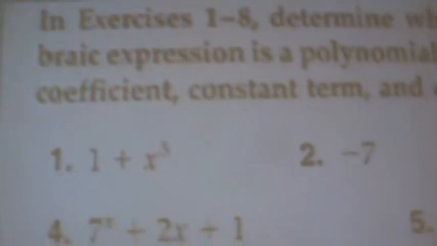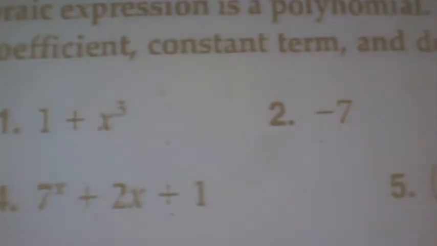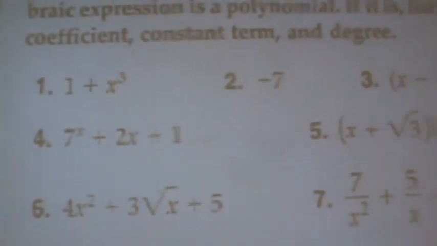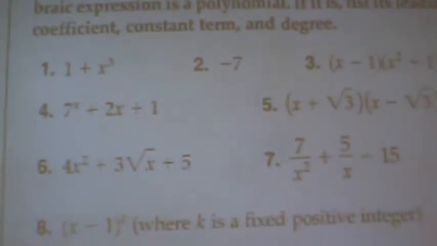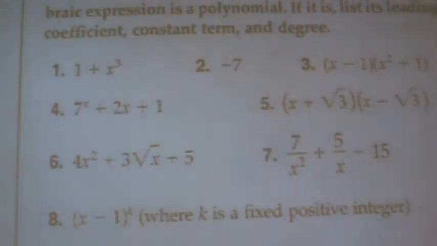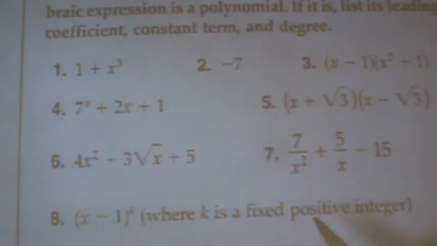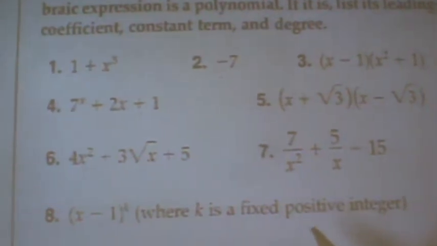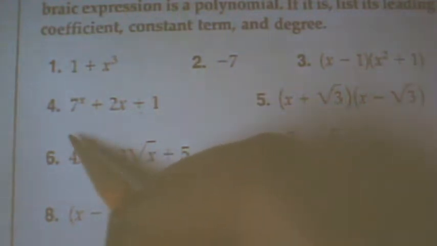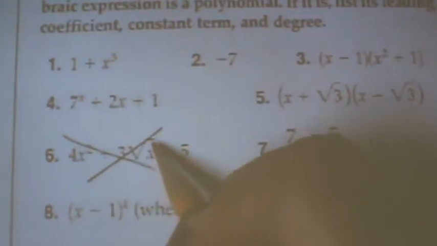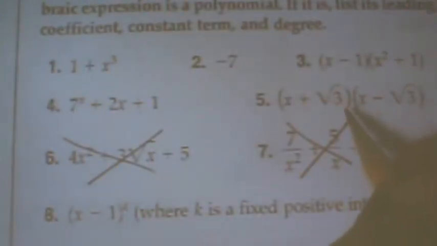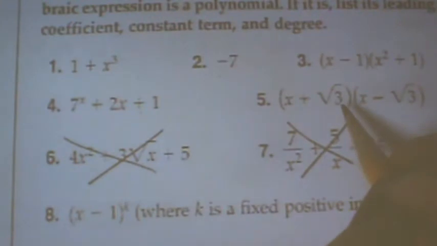So check out problems 1 through 8. We're going to do these together. Can you tell me which one of these 8, there's more than one, is not a polynomial? Which ones are not polynomials? 6 is not because of the square root of x. 7 is not. 5 is fine. You can have a radical.